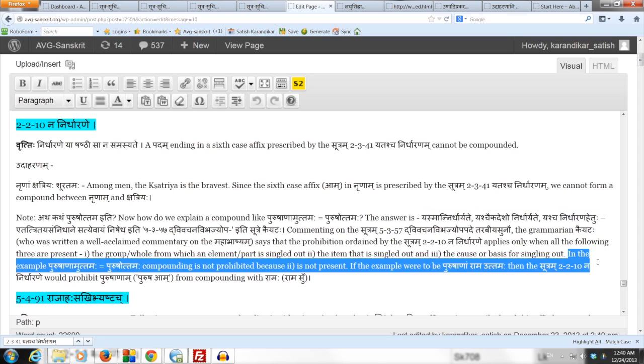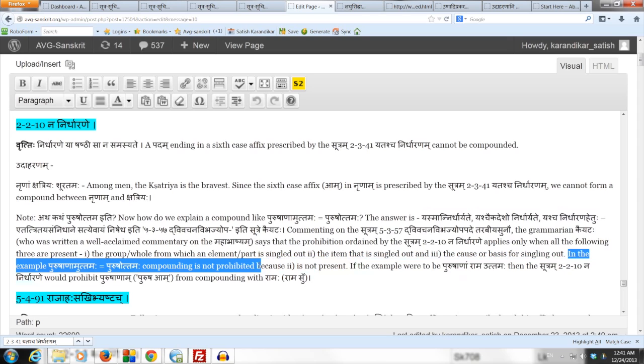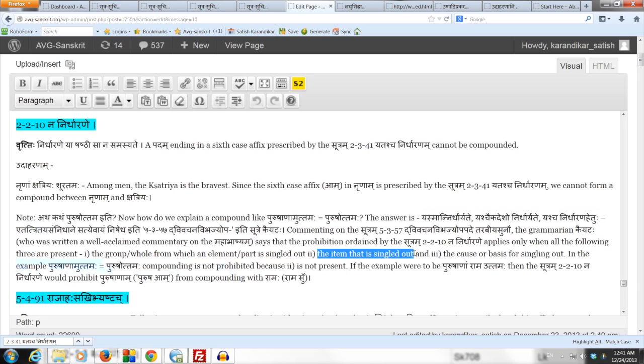In the example Purushanam Uttamaha equals Purushottamaha, compounding is not prohibited because number 2, meaning the item that is being singled out, is not present. We have the group Purushanam, we have the nirdharana hetuhu Uttamaha, but the one who's being singled out is not mentioned. Hence, as per Kayyatacharya, this Sutram 2-2-10 does not apply.